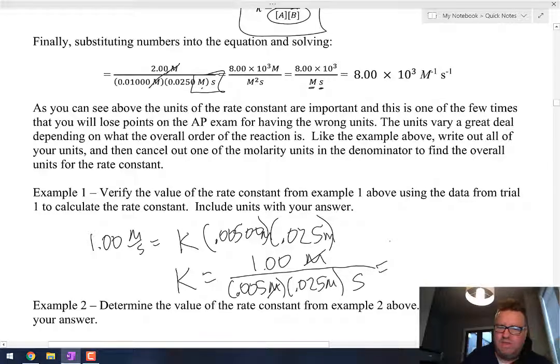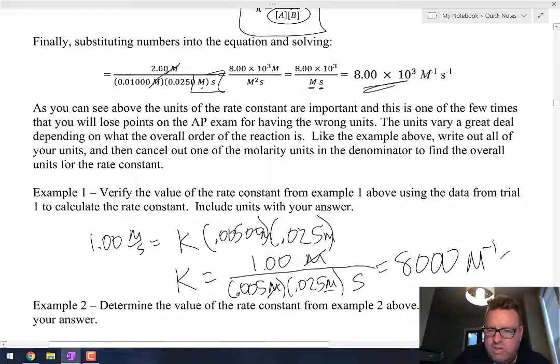And then I come to this and I go 1 divided by 0.005 divided by 0.025. And that, of course, equals the same number, 8,000, which is the same thing as this. With 3 significant figures, I put it in scientific notation. And then I have a molarity left on the bottom. So that's molarity to the -1, seconds to the -1.